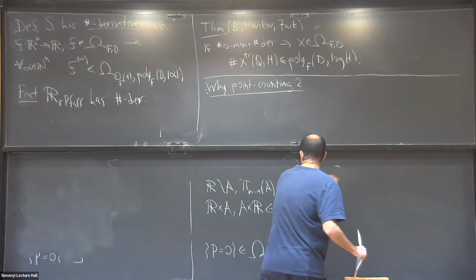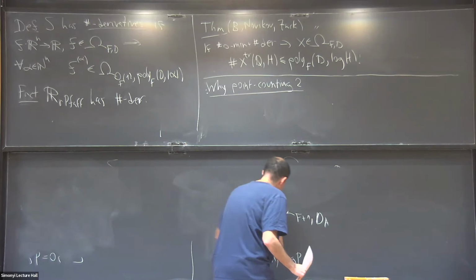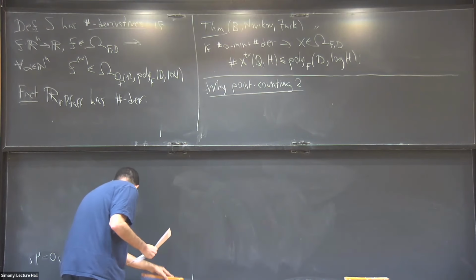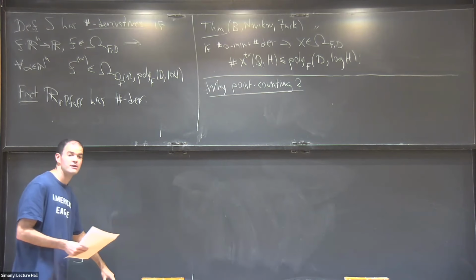So I want to make a definition that's not really anywhere in the literature. It's just a name that I came up with for this stuff, but it just helps to think about the kinds of applications that you get.